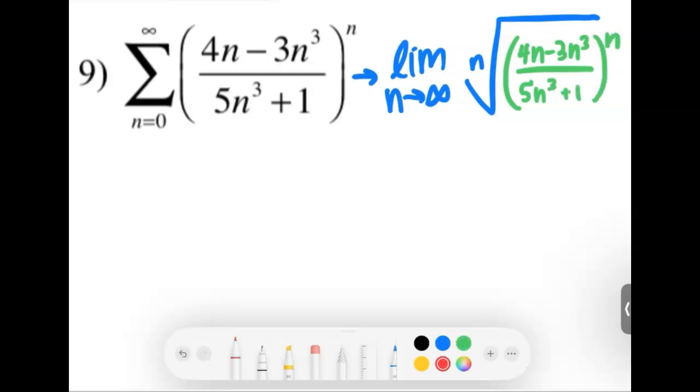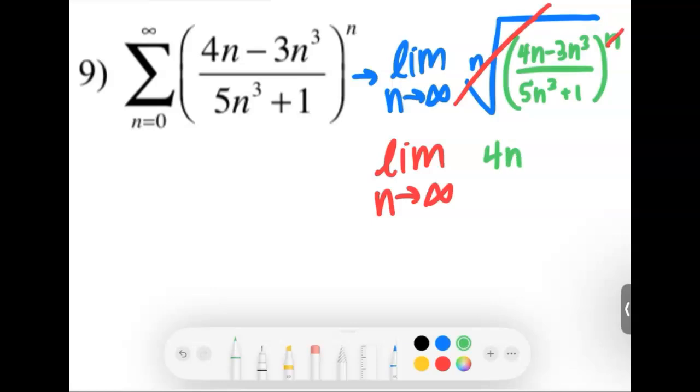And I love this one because this nth root cancels out the power of n, leaving us with the limit as n approaches infinity of what was left under the root and power. And we can see that our highest term, the power of 3, means we can take the coefficients here.